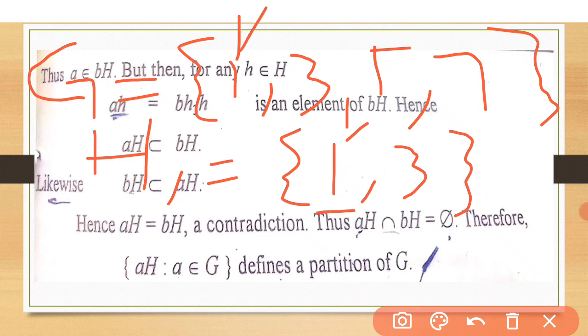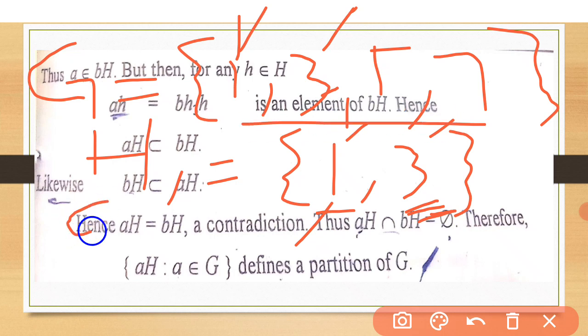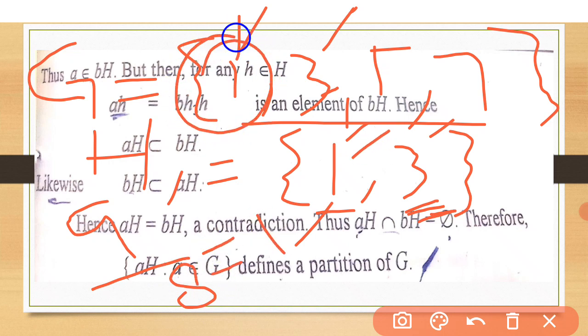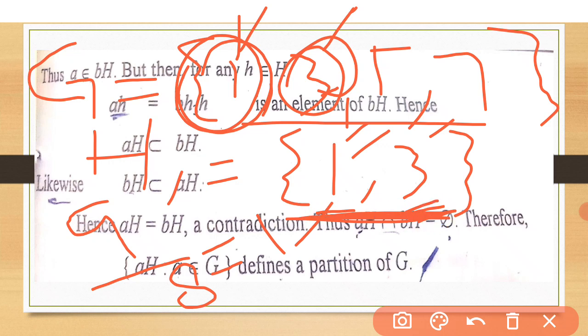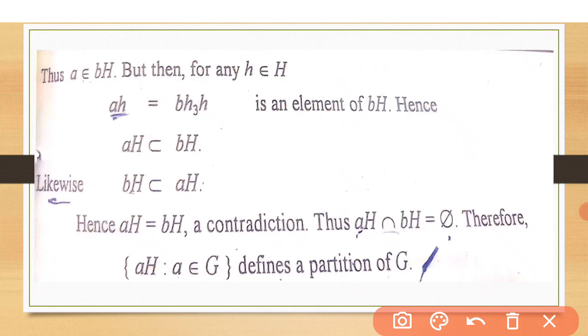When we multiply 1 with 3, we get 3. Again, when we multiply 3 by 1, we get 3. When we multiply 3 by 3, 3 threes are 9, and it is the set modulo 8. When we divide 9 by 8, we get 1. It means that by this element of G and by this element of G, we get the same coset. Similarly, these AH and BH are the same cosets.